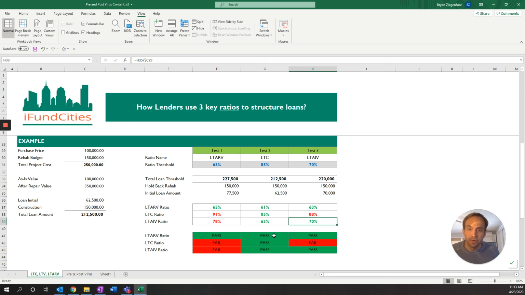So we're looking for which loan structure across these three test thresholds it passes. That determines your total loan amount, and really how much you have to bring to the table on day one for the project to work, which is the purchase price less that initial loan amount.